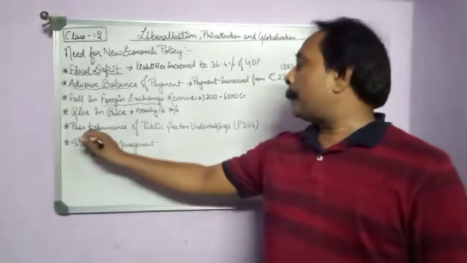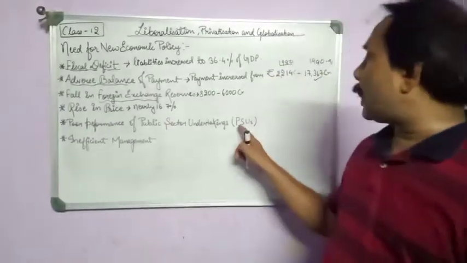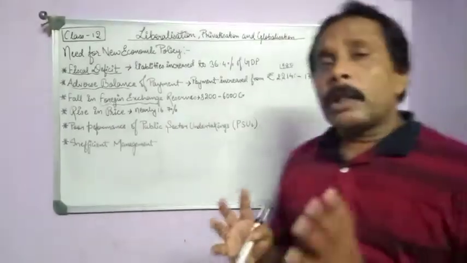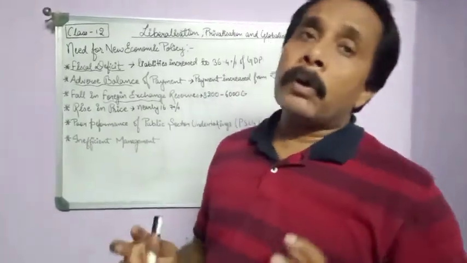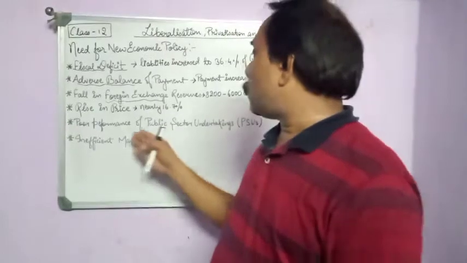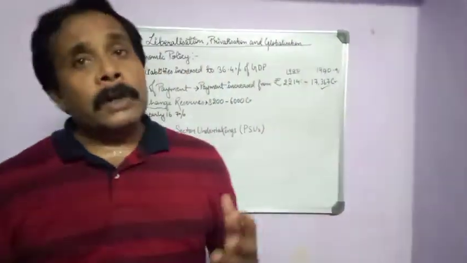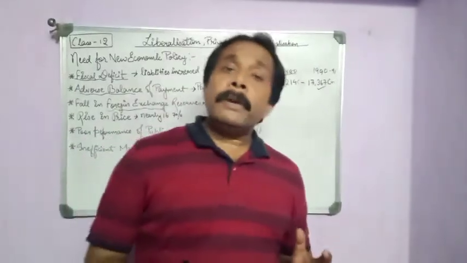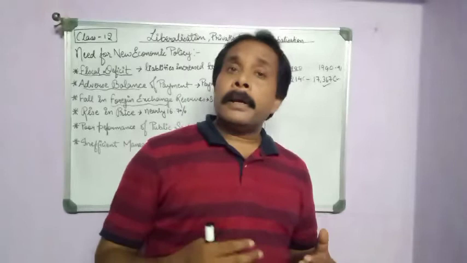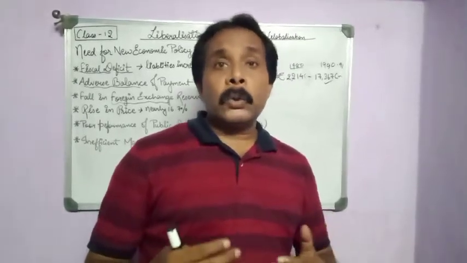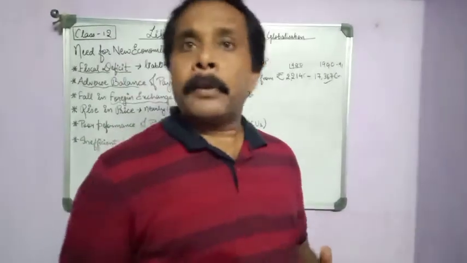Now come to the poor performance of public sector undertakings, known as PSU. All those industries which were under the control of the government started to show poor performance. Poor performance means the output starts to decline. Even the bureaucratic system had developed and the people were not capable of implementing rules and regulations in a better way.